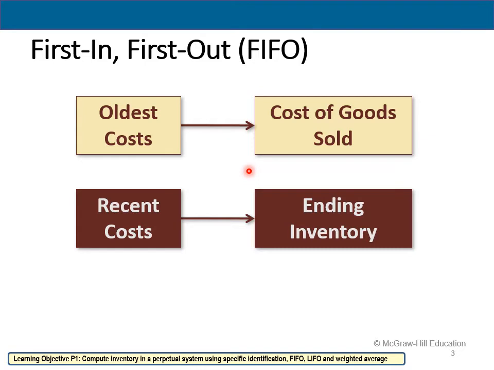GAAP allows you to make that assumption, and the most recent costs, the last acquired units in inventory, make up ending inventory. This is going to be abstract at this point; we're going to get knee deep in this as we talk through. But for the time being, first in, first out means that the first units purchased are the first units to be sold.